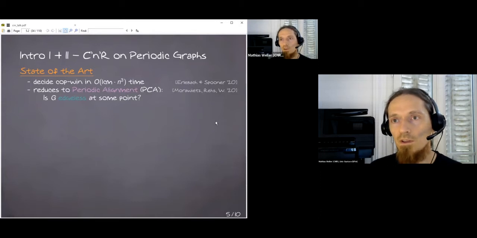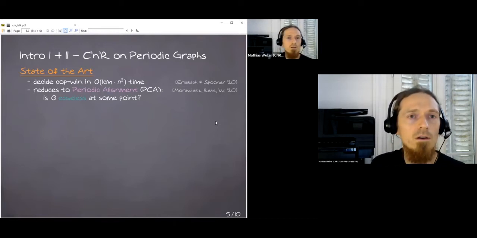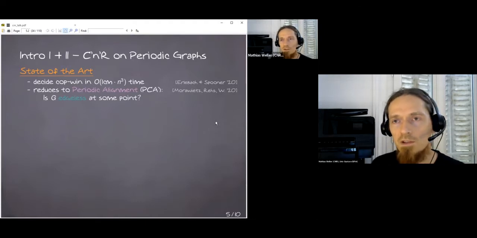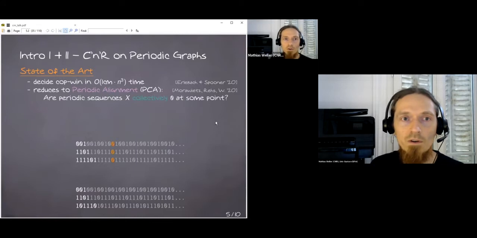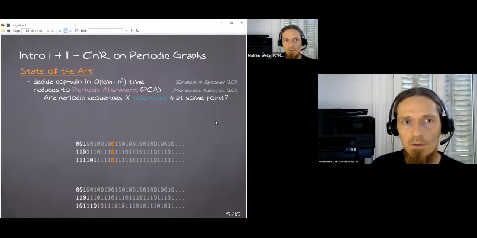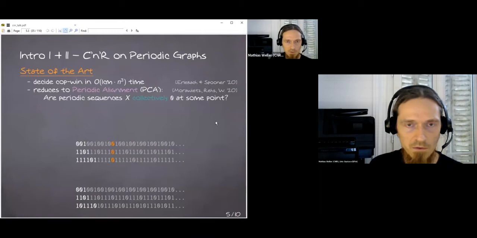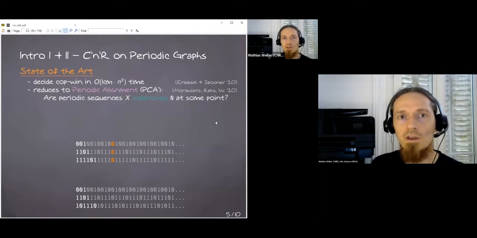So we actually reduced the cops and robber decision problem, who wins, to the question whether the edge temporal graph is edgeless at some point. Or in other words, the problem, which we call periodic alignment: given a set of sequences X, will they be collectively 0 at some point?